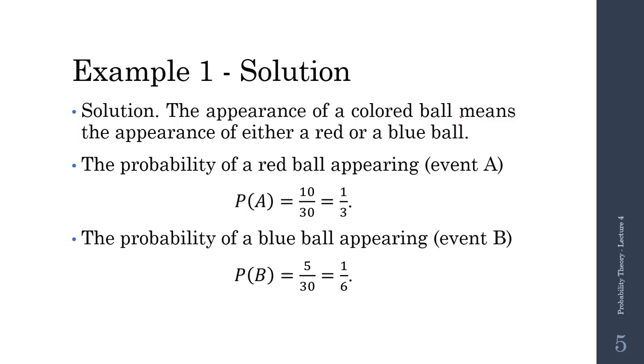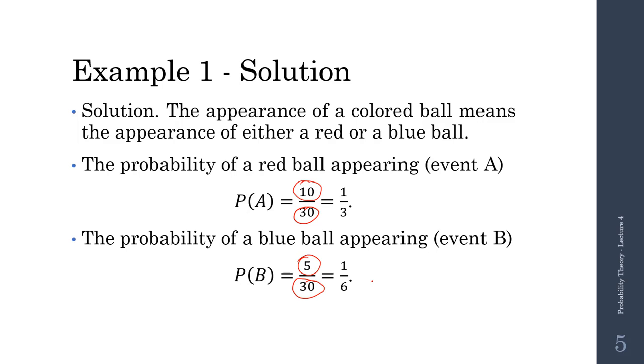The probability of a red ball appearing, let's consider it as event A. P of A equals 10 over 30. The exercise says there are 30 balls in the basket, 10 of them red, and 5 of them blue. So choosing a red ball is 1 over 3, choosing a blue ball is 1 over 6.